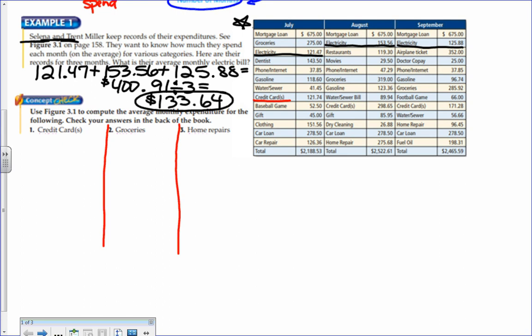So here it is, 121.74. Credit cards are right here in August. Whoa, 298.65. And then it's right here, $171.28.